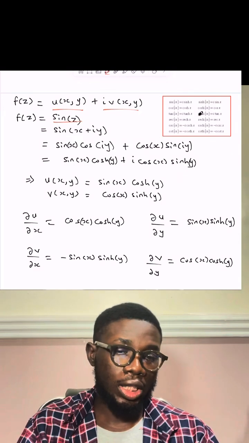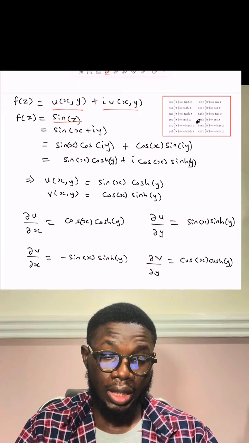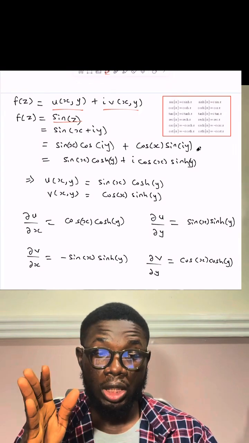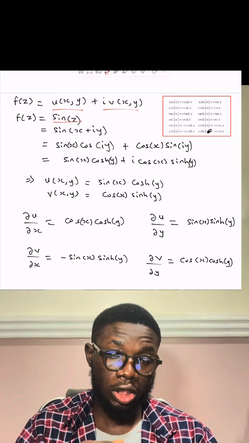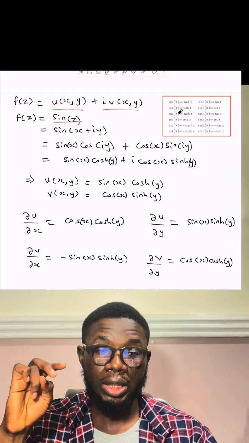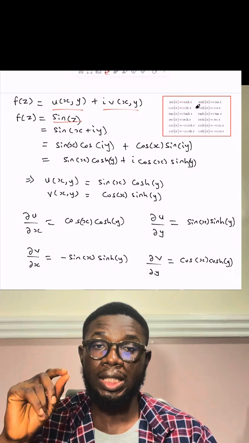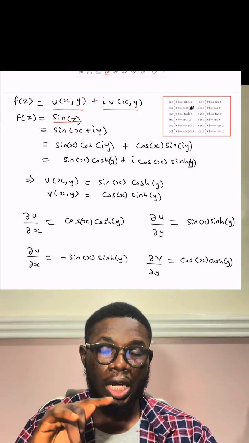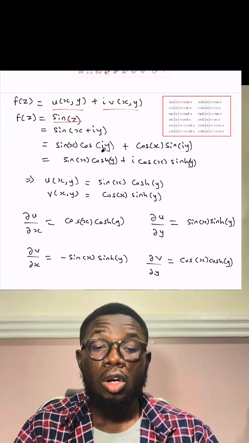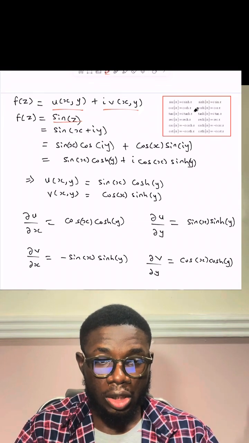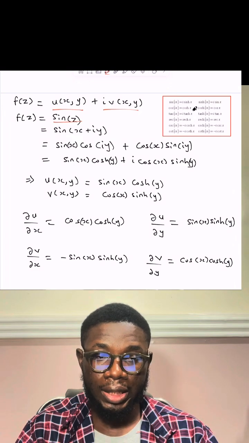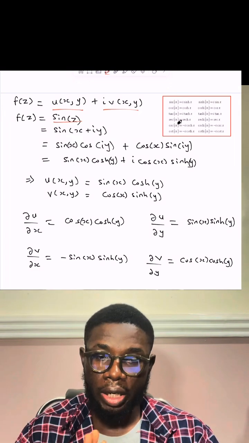Now, you can see the table on the right-hand side. This table shows how hyperbolic functions relate to normal trigonometric functions. You can see sine ix equals i sinh x, and cos ix is just cosh x without any i.